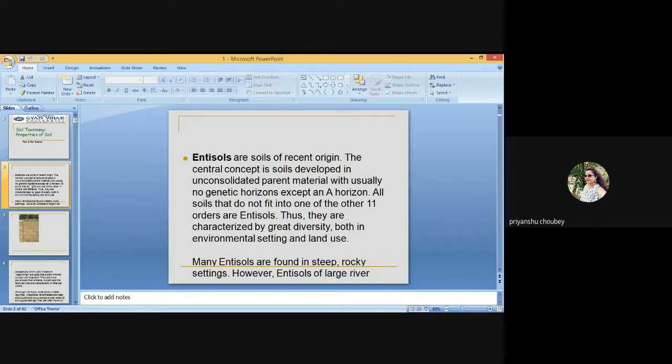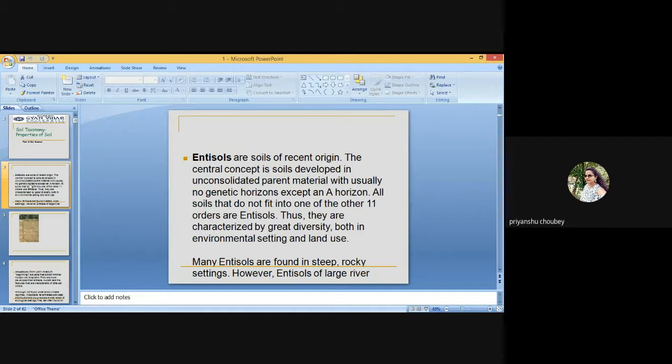Series is the lowest category in the system. A collection of soils uniform in characteristics and arrangement of soil features like color, texture, structure, consistency, pH, and EC.